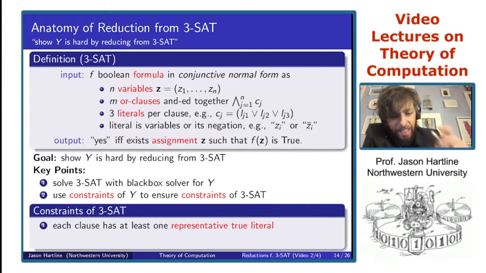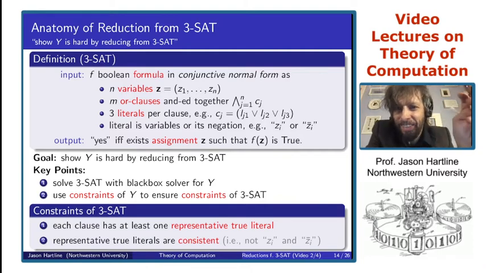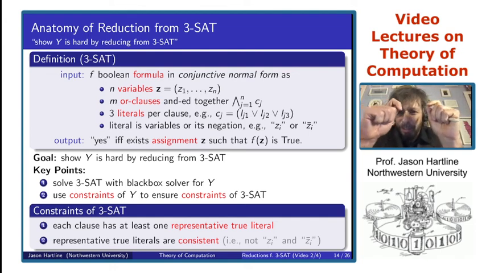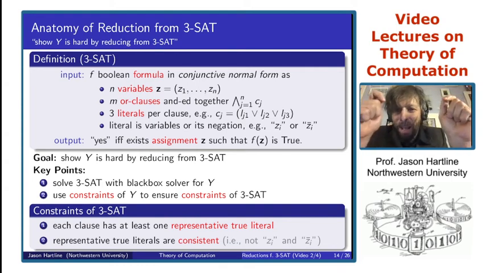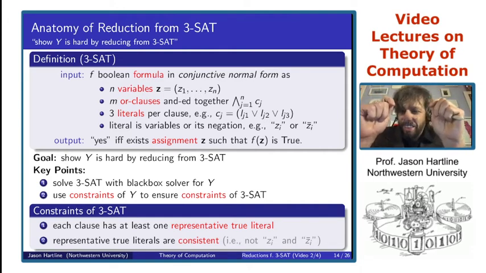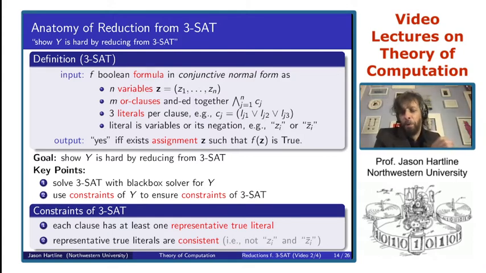And these representative literals in every clause have to be consistent, meaning two literals in different clauses can't both be the representative true literal if they correspond to the same variable, but one is taken positively and one is taken negatively. So they have to be consistent.